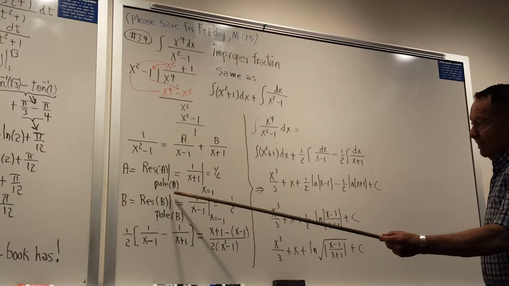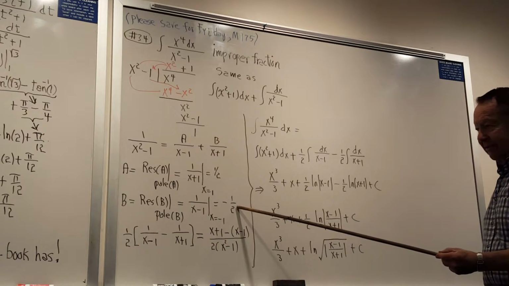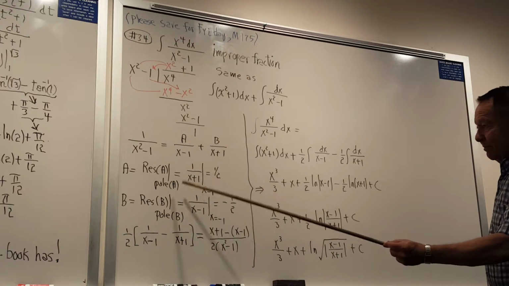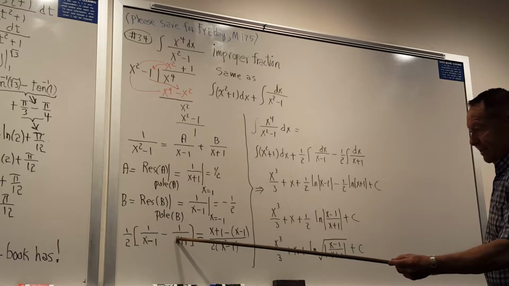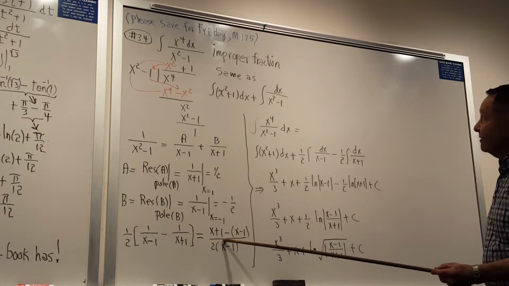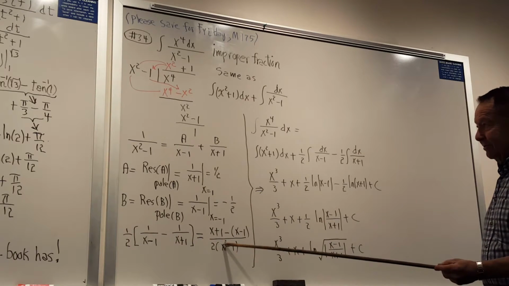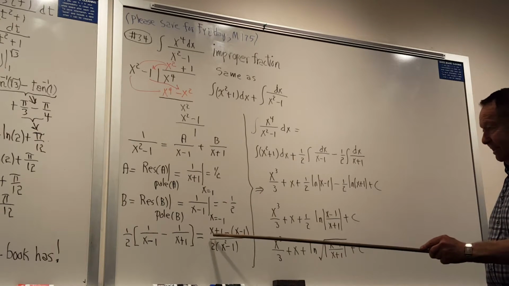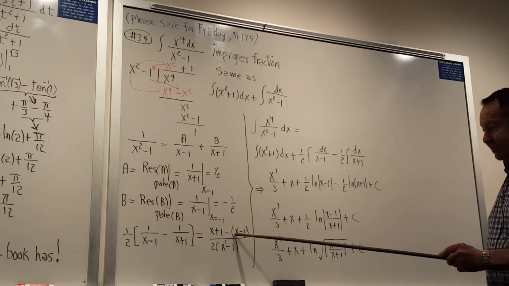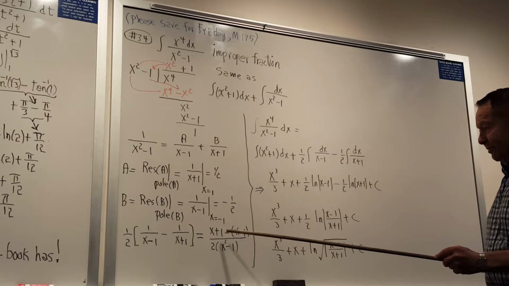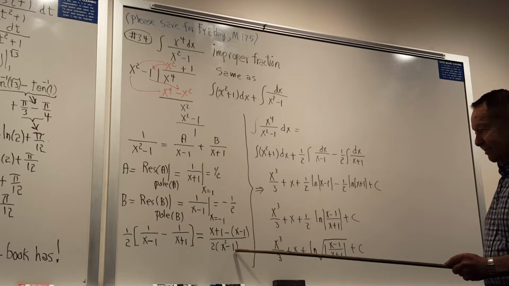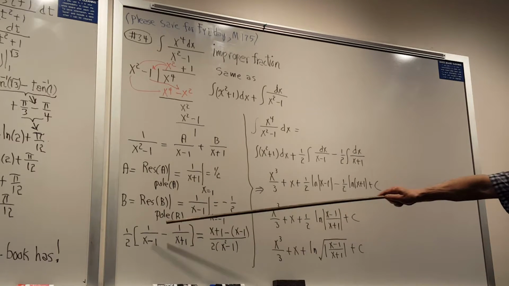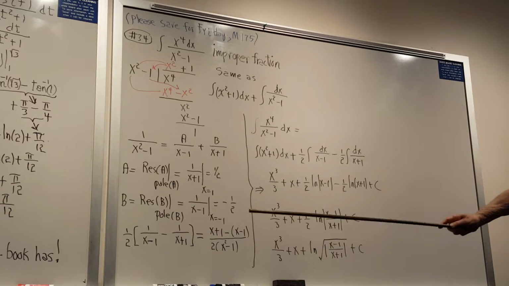And the B would be the residue at its pole, which will give you minus a half. And you notice then that if you do the partial fractions and check the addition, it works out to give you the 1 over x squared minus 1, because the x's cancel and you have 2 over 2. So however you get them, these are the partial fractions.